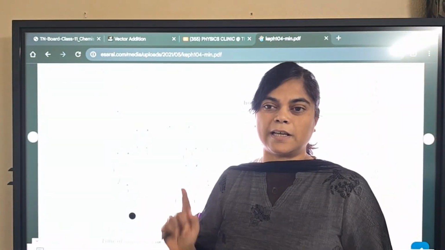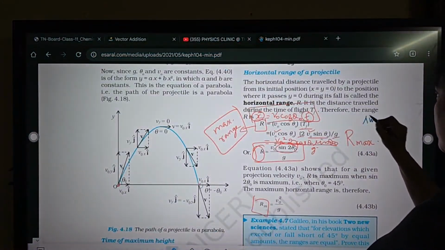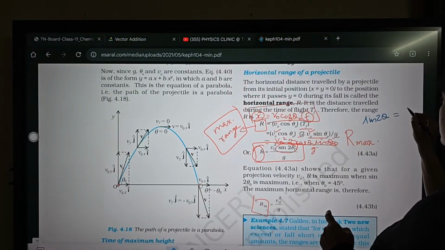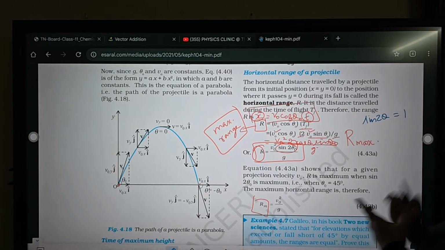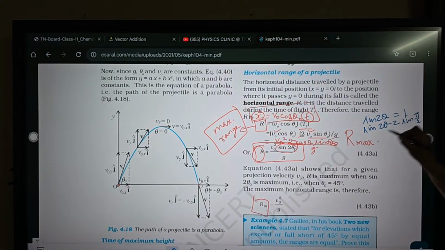For which angle does it carry 1? 90 degrees. So sin 2 theta is equal to 1, and the maximum value 1 is sin pi by 2. We can equate here: 2 theta is equal to pi by 2. What is theta now? Pi by 4.